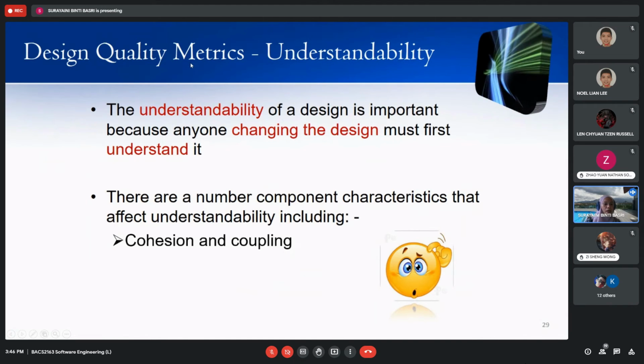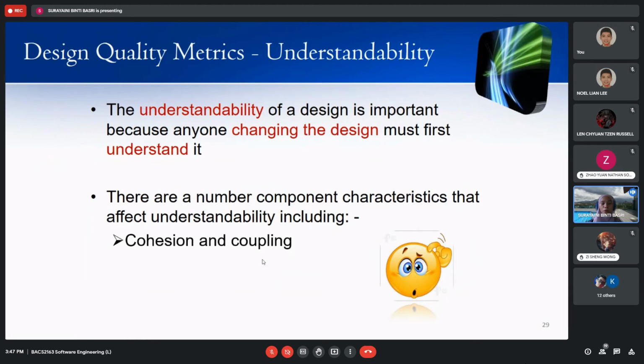There are a number of component characteristics that affect understandability, including what we have learned previously, cohesion and coupling. If you have good cohesion, which is functional cohesion, and good coupling, which is a loosely coupled design, your system can be easily understood.